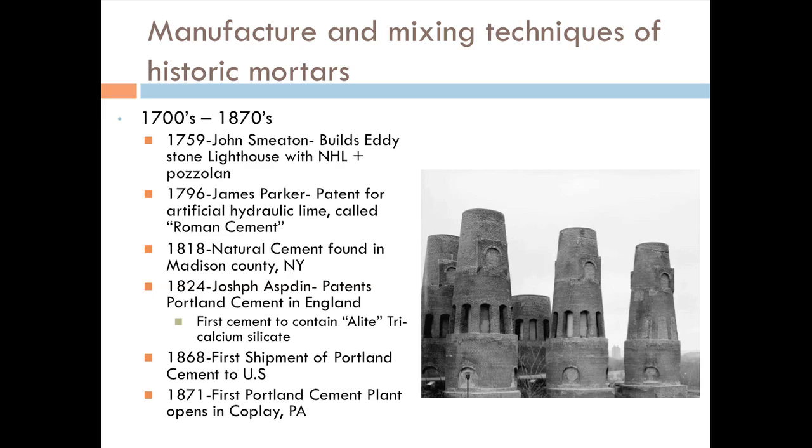Those were the first deposits found, because wherever the canals were going, they were hunting these local lime burners and trying to find out which rocks weren't slaking as the progress moved forward.